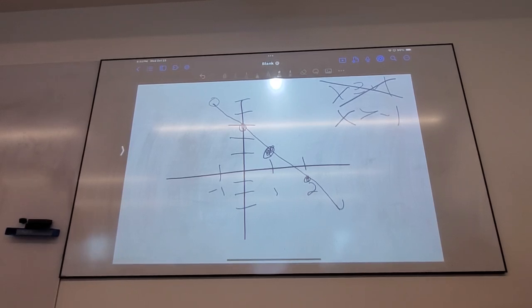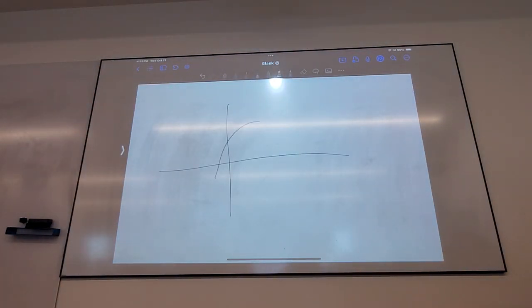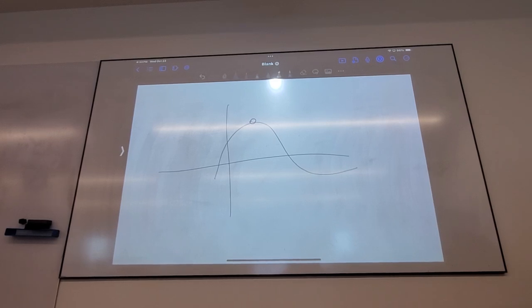Okay, so what if you have like the local max, but that's also a circle in there? Oh, then you don't have a local max. Do you mean like this, but right here? There's an open circle right there or something? Yeah. Okay, so then I could draw that better.